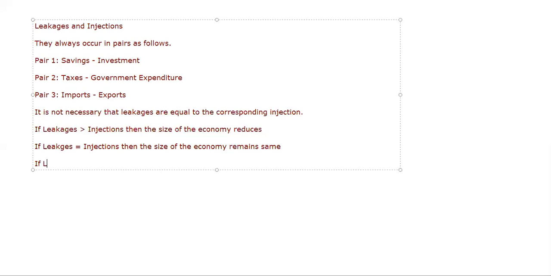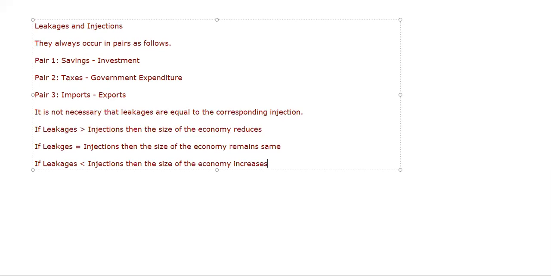And if leakages are less than injections, then the size of the economy increases, right? So if the government spends more than the taxes that they collect, which is a case of fiscal deficit, in that case, the economy will grow in size.